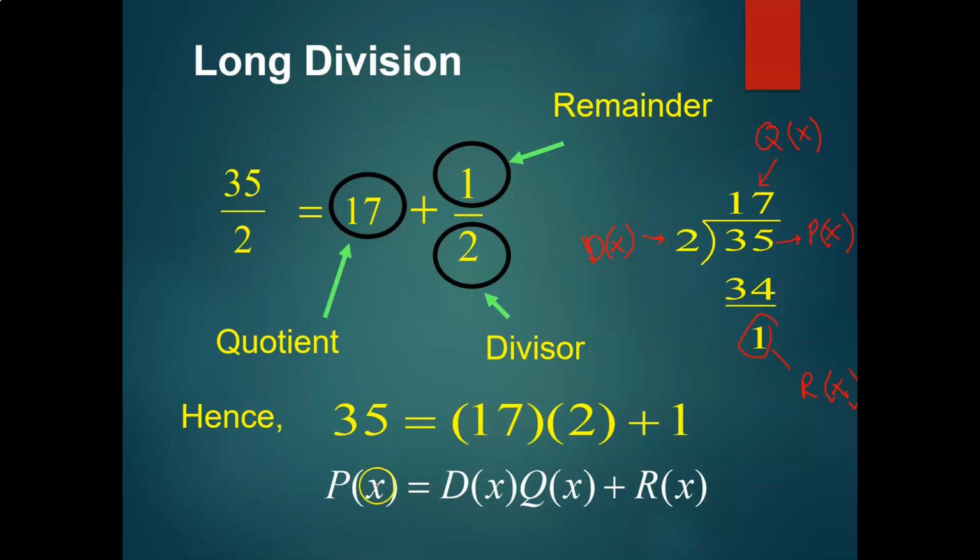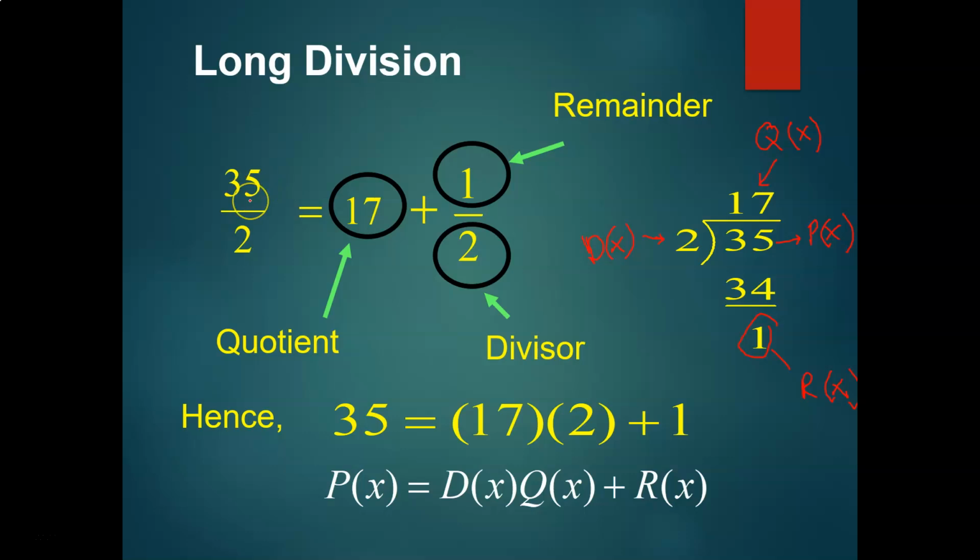Susun like that nicely. 35 equal to dx. What is your dx? Your divisor 2 times qx 17 plus 1. So samalah. Ini kita tulis dalam bentuk yang ini. Okay, that one is using a constant term.